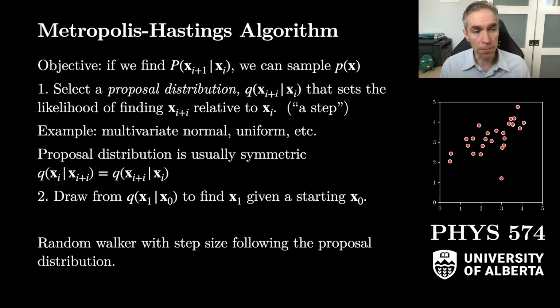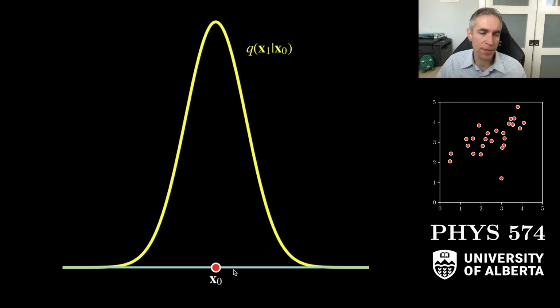Okay, so we're going to draw from this proposal distribution to find x1 given some starting x0. This is basically a random walk process. You see why physicists get really excited about Markov chain Monte Carlo? Okay, so let's work this with a cartoon. Let's imagine that we have some initial point here, x0, and then we have this proposal distribution shown in yellow, that's Q of x1.